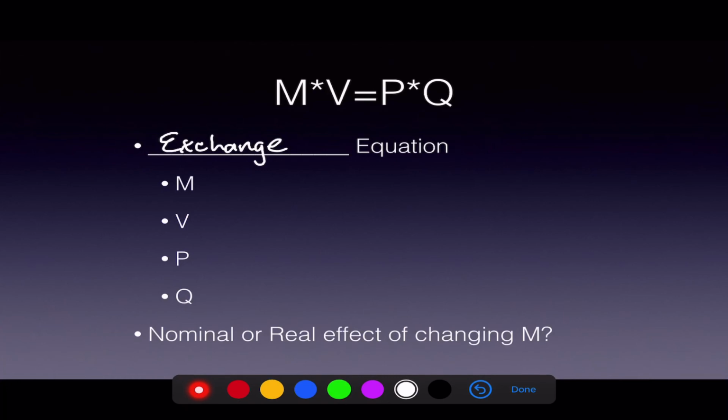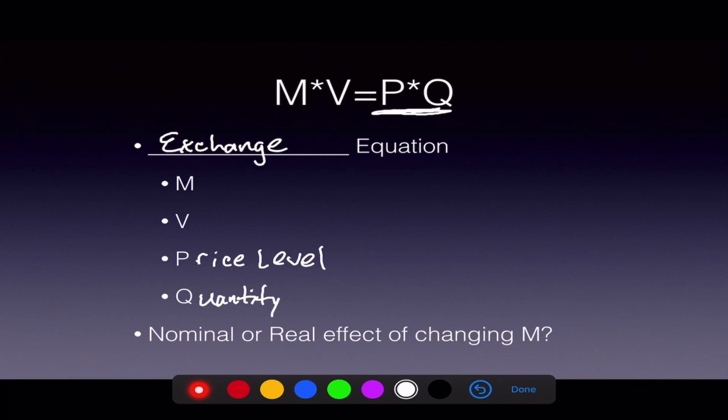So let's talk about what these mean and how this is going to help us to understand this. Let's talk about the right side of the equation first, P times Q. P is referring to the price level, the prices of all goods and services, and Q is going to be the quantity of goods and services that are produced.